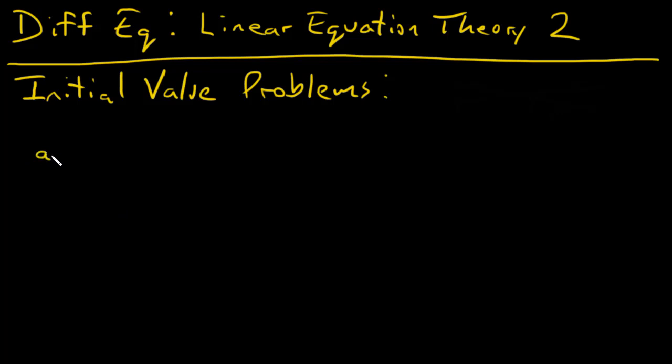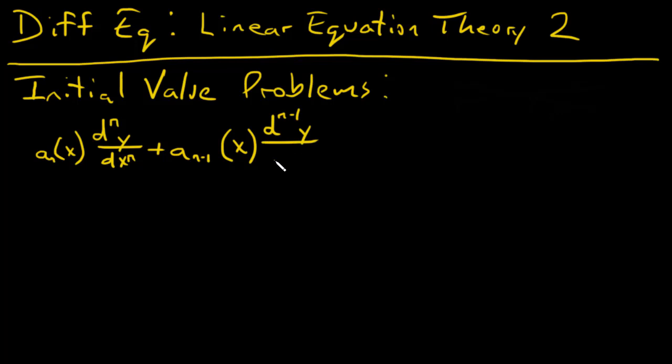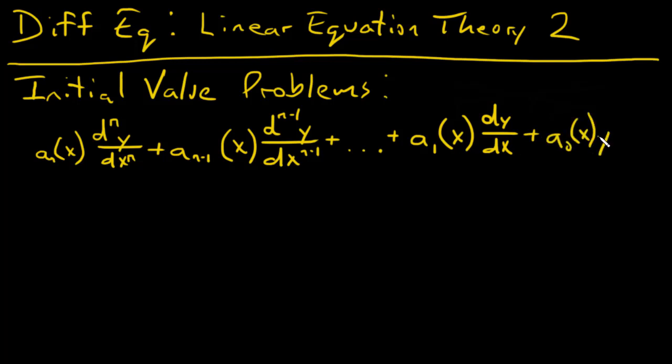If I have something that looks like a sub n of x times the nth derivative of y with respect to x, plus a sub n minus 1 of x, the n minus 1th derivative of y with respect to x, dot, dot, dot, all the way down to a sub 1 of x dy dx plus a naught of x y equals g of x, some function of x.